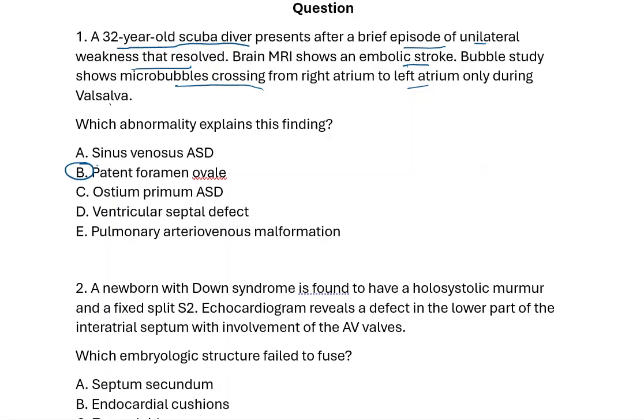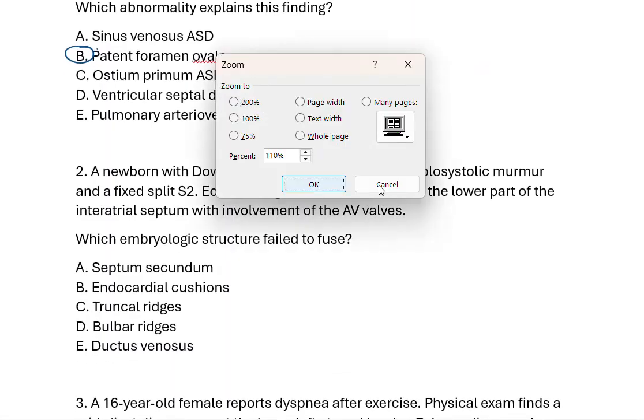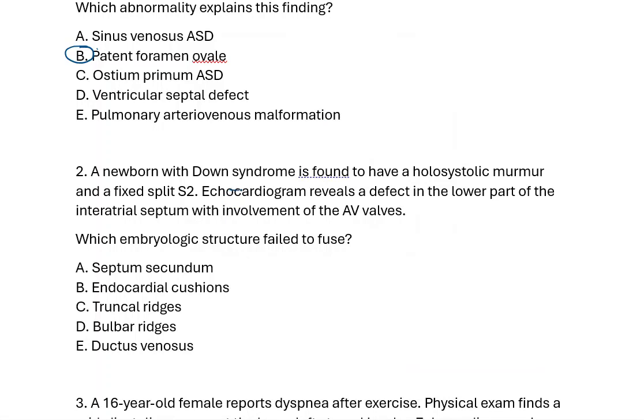Moving on, the next question is a newborn with Down syndrome who is found to have a holosystolic murmur, right? Anytime you see a holosystolic murmur on the exam, it could be as a result of VSD. It could also be as a result of mitral regurgitation, or tricuspid regurgitation, depending on where you're hearing the sound.